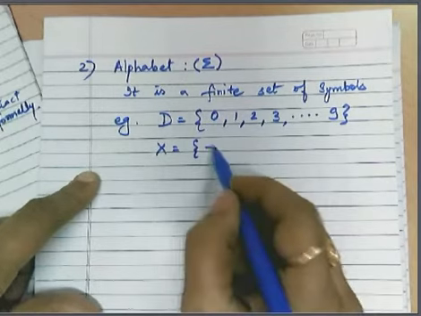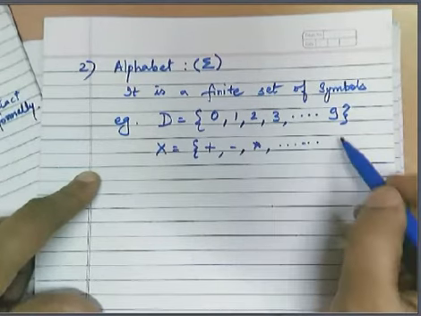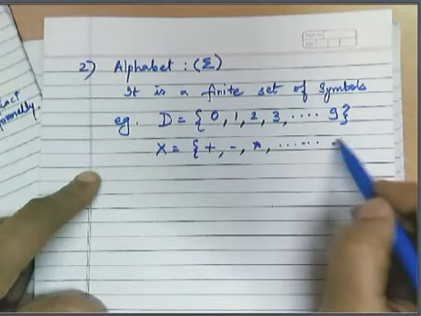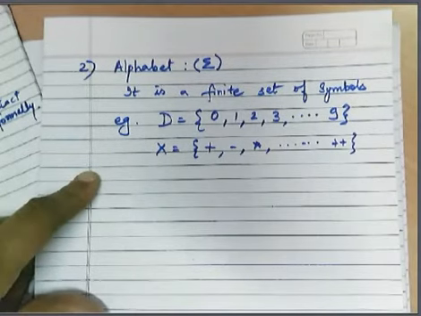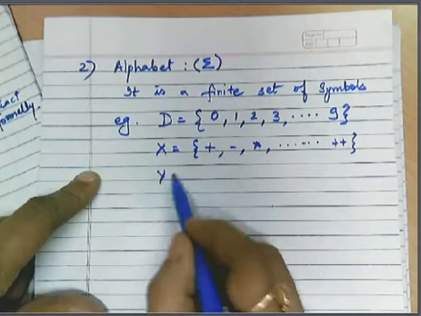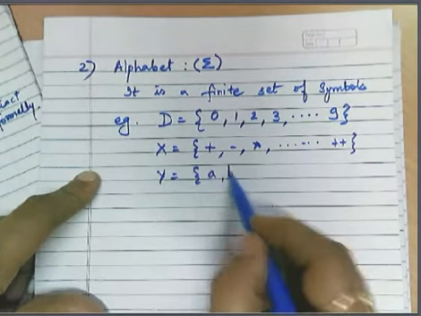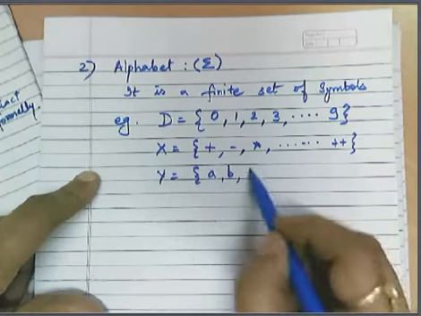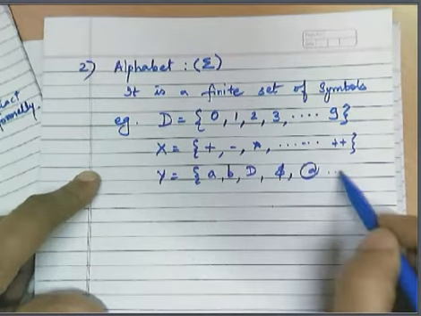Now I can have any set, which is a set of operators. Like this, I can have another set as y equal to A, B, then D. I can have dollar, or I can have at, something like this.